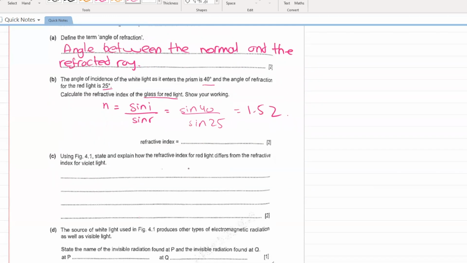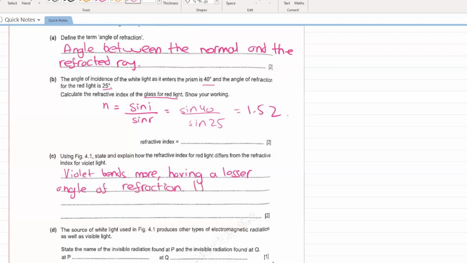Use figure 4.1. State and explain how the refractive index for red light differs from the refractive index of violet light. Violet light bends more, so the refractive index of violet light will be more. You can say violet light bends more, having a lesser angle of refraction.